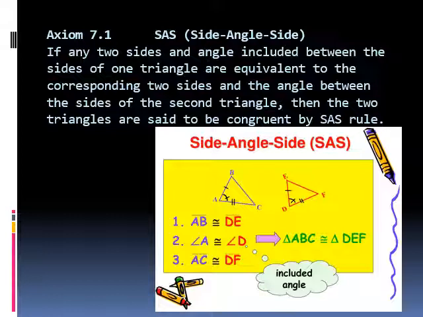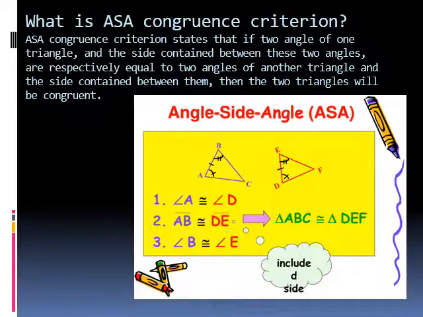Moving on to the next important theorem which we have to prove, that is ASA congruence.